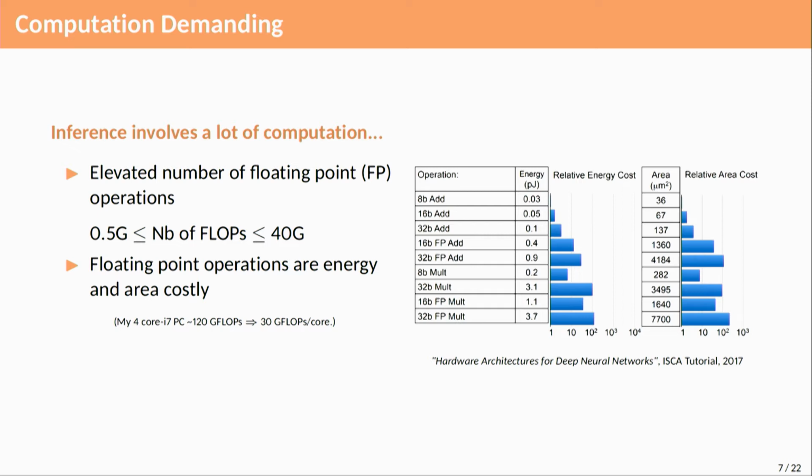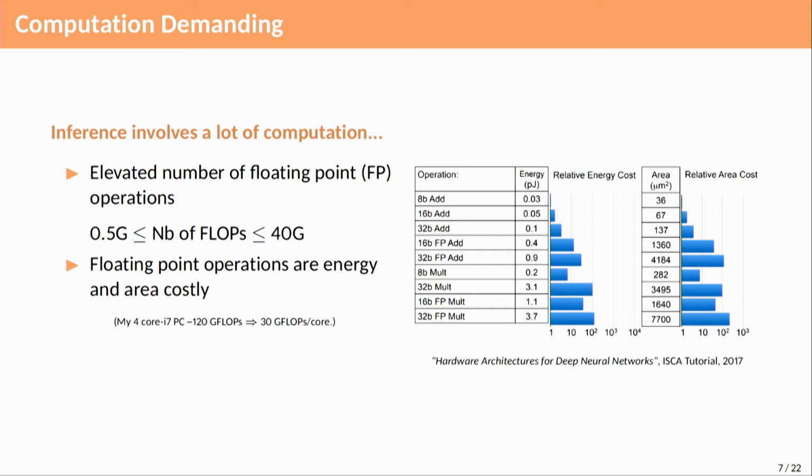If we look at these data here, you don't have to go through them. But the important thing is to see that when you have some FP, this means floating point, the bars are always bigger than when you are using classical integer arithmetic. And here, this is a log scale, so any even small change implies a big change.